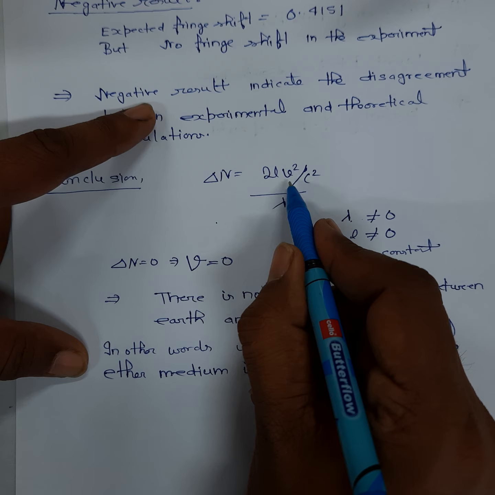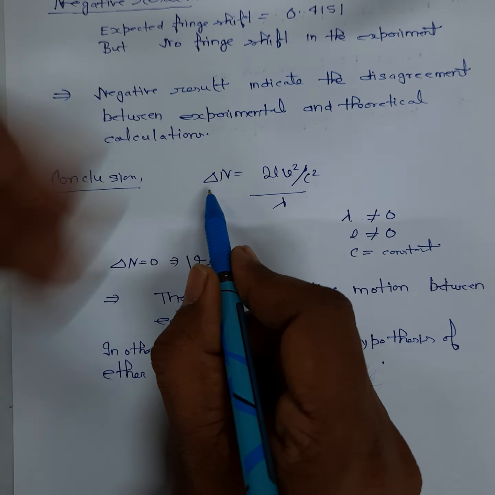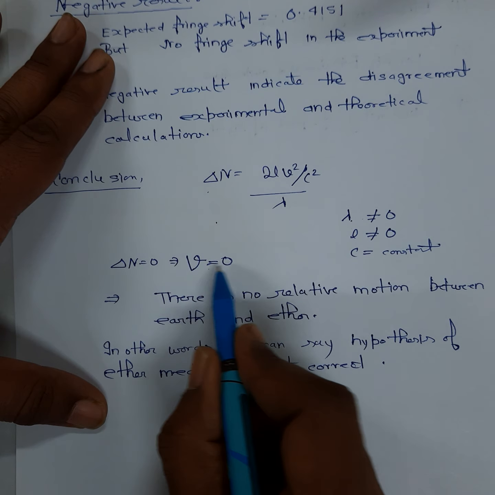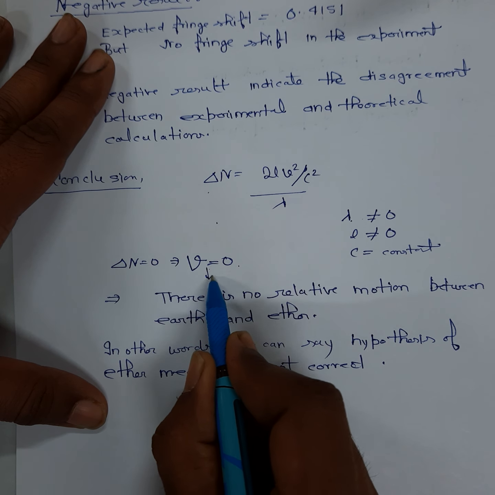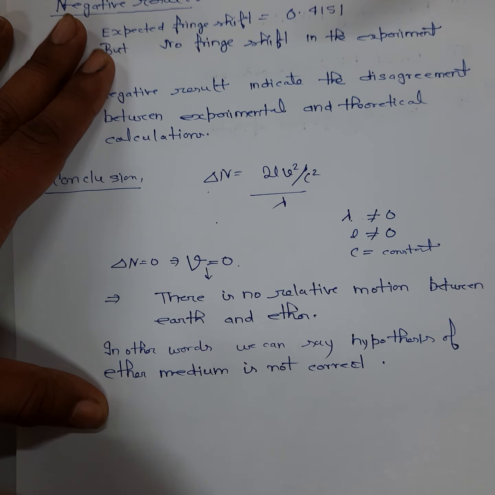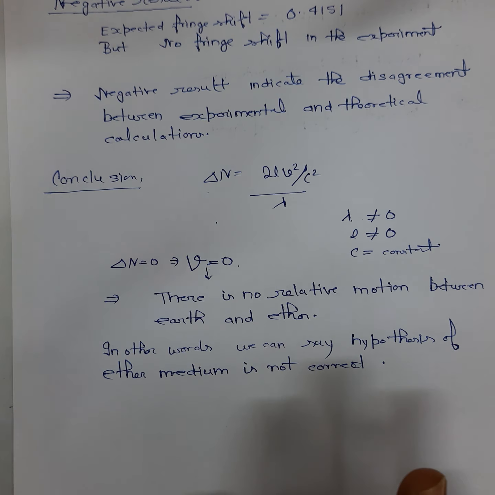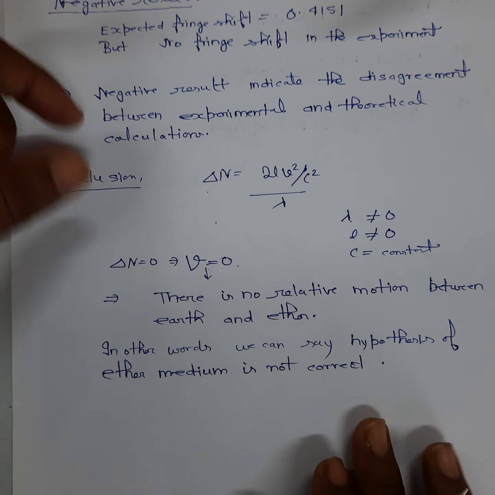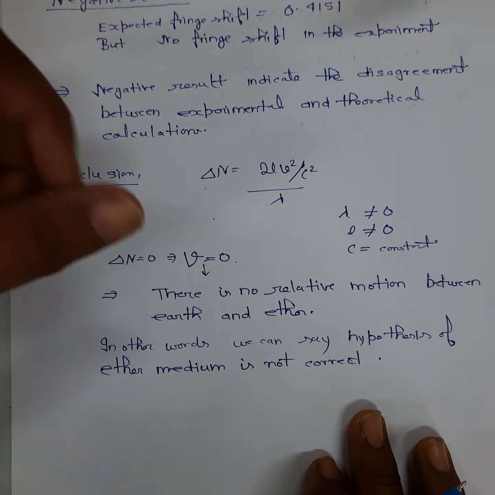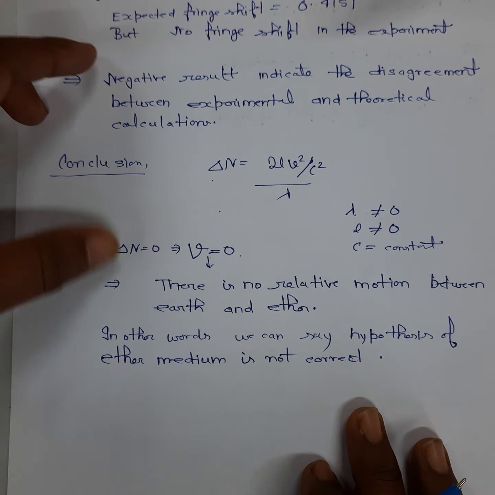So the only thing one can conclude is that there is no fringe shift if v is equal to 0. From here we can infer that there is no relative motion between earth and ether. In other words, the hypothesis of the ether medium is not correct. So this was all about the Michelson-Morley experiment.